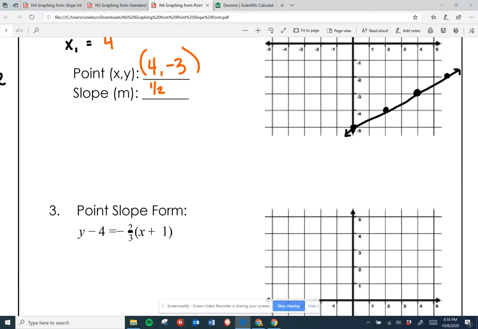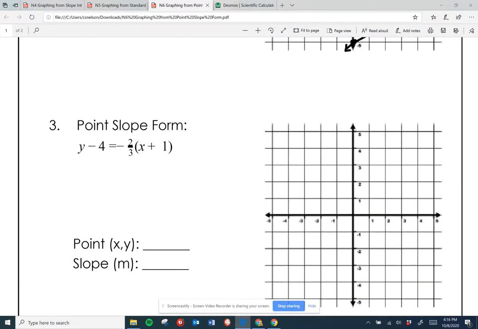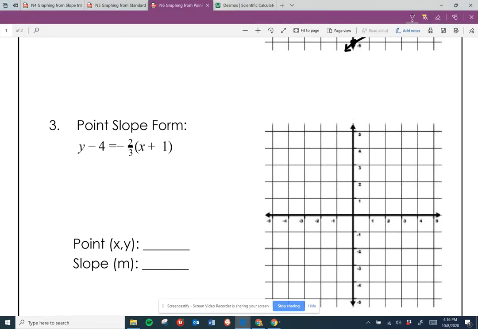In the next example, I'm just going to keep on writing my equation since we're not necessarily familiar with it yet. Y minus y1 equals m times x minus x1. And again, we're looking for our y1, our m, and our x1. Okay, so we can see this is a minus, this is a minus, so it's going to be a positive 4.